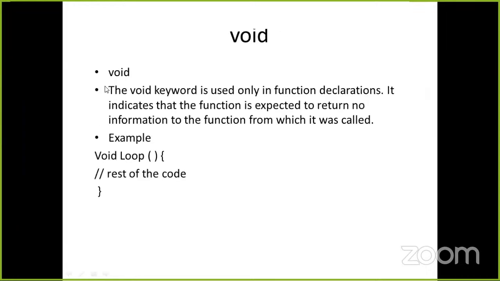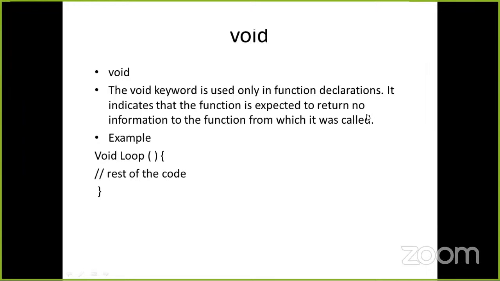What is the meaning of void that we are using in the program? Void means that whatever is inside the function will not give a return. The void keyword is used only in function declarations. It indicates that the function is expected to return no information, no value.